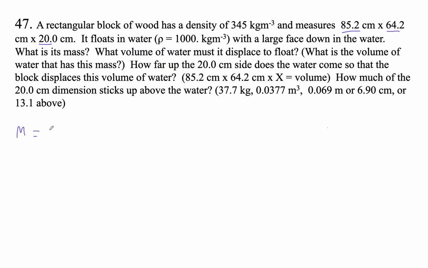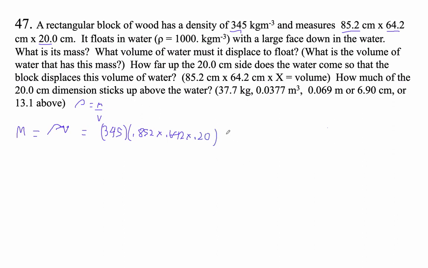Mass of the block is going to be density times volume, right? And that comes from density is mass divided by volume. Okay, so the density of the block is 345. And then the volume of the block is 0.852 by 0.642 by 0.20.